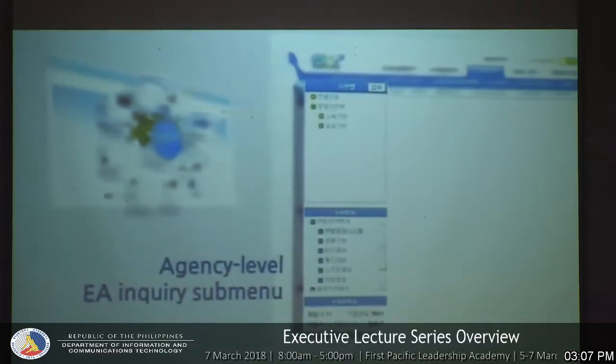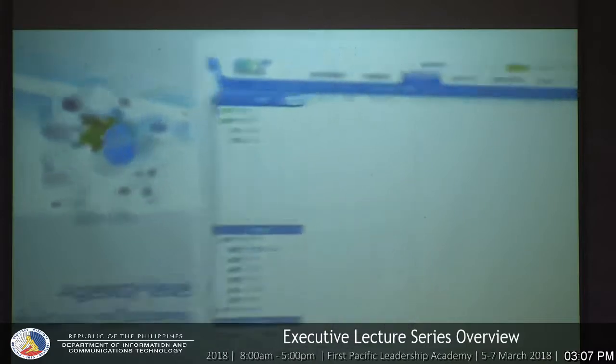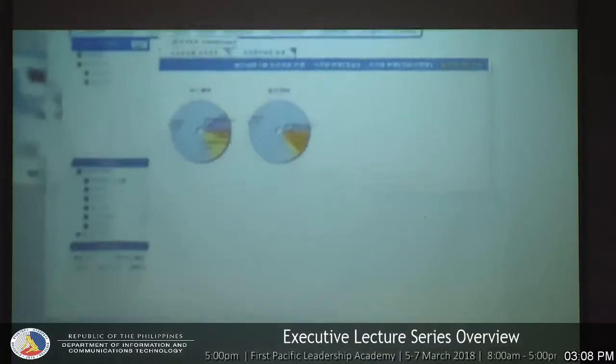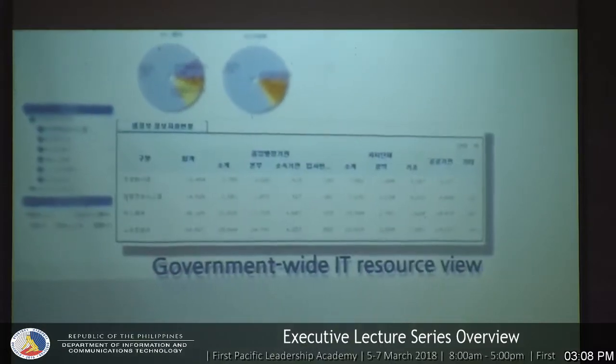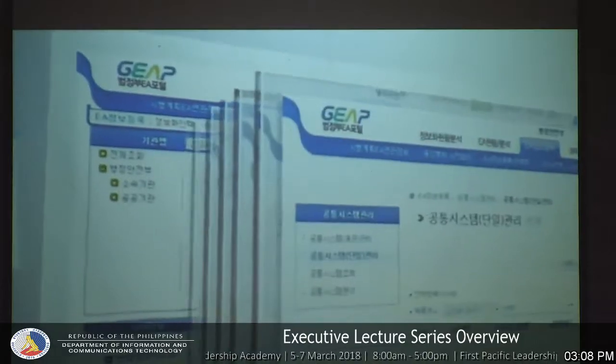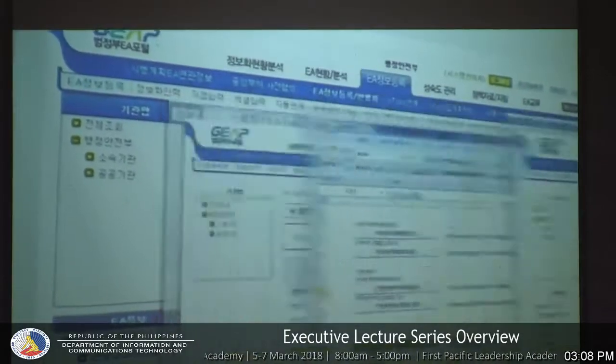Most of all, the implementation of the government-wide EA portal has made it possible to determine and analyze the current status of information resources efficiently, preventing information resource overlap among agencies.